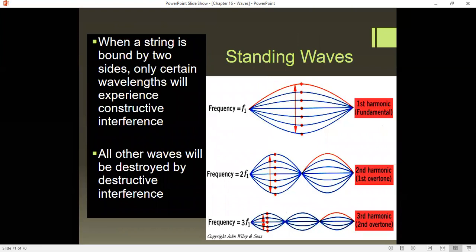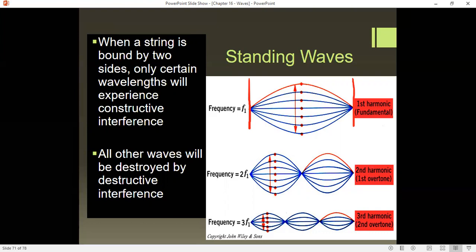Now, the lowest frequency I can have is what's called the fundamental. In this particular case, I've bound the wave between this end and this end. Maybe one end has an oscillator, one end is simply tied to something fixed.